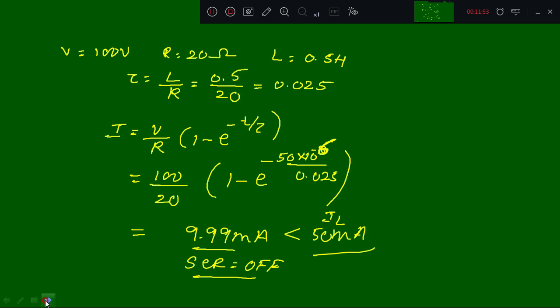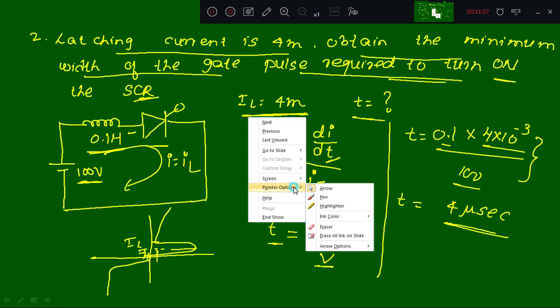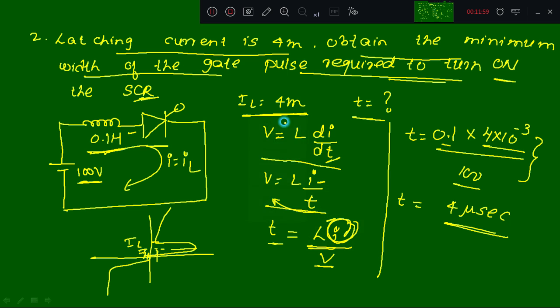So the second numerical: latching current IL is given. The duration of the pulse is being asked. In the circuit we have inductor and voltage. So voltage across the inductor is L di by dt. We are supposed to calculate this time.